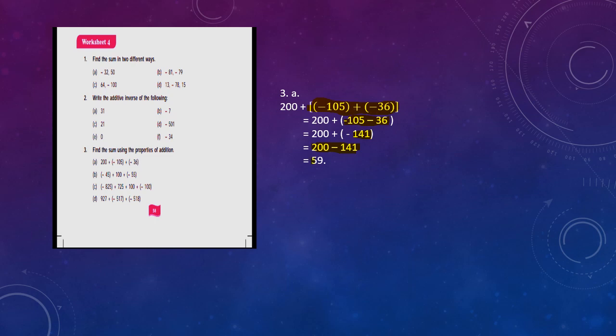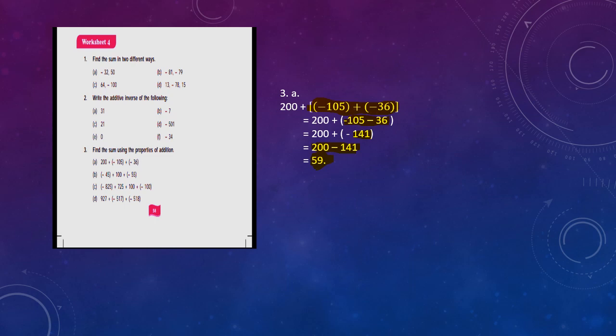Again we have found that the answer is 59. In all three processes we have got the same answer, but the third process is nice to use in the senior classes. If you solve the given questions like this, then it will be very useful to solve the questions given in senior classes, and it will not create any confusion among the signs of the given numbers.